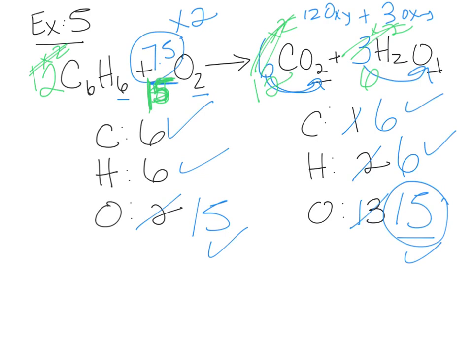So you will come across some problems where you might have to use a decimal coefficient just in the interim, and then you can fix that at the very end. Once everything balances out, you can then go through and multiply that decimal to make it a whole number. But just remember, whatever you multiply it by, you also have to multiply all the other coefficients by that as well. That is balancing equations.